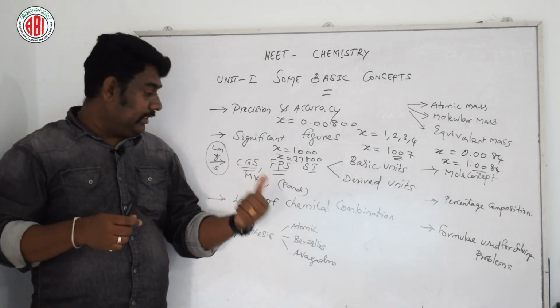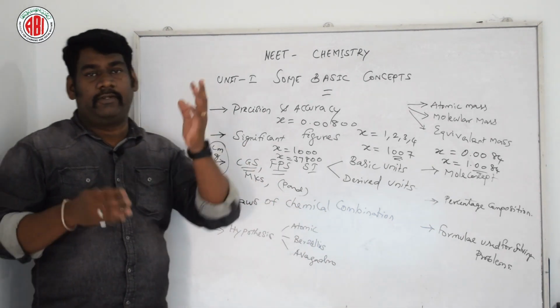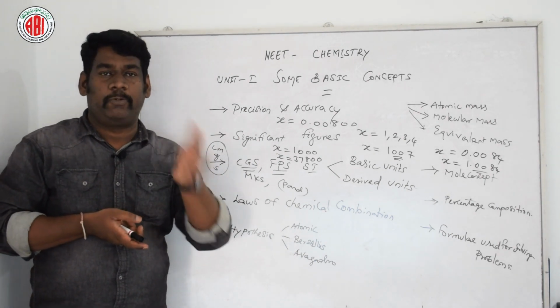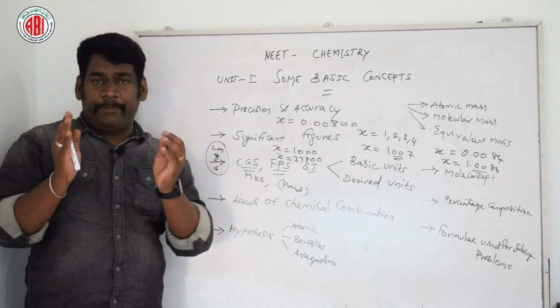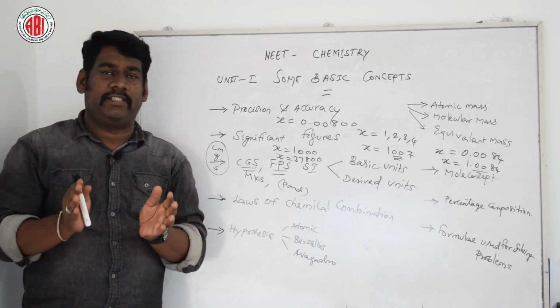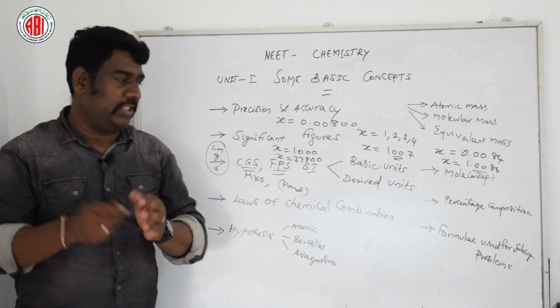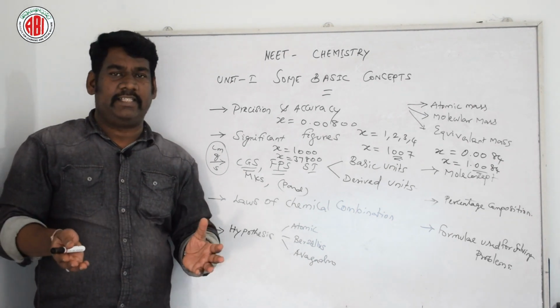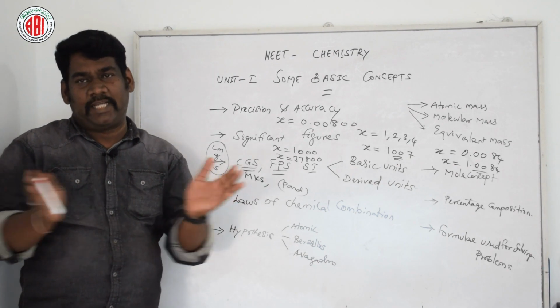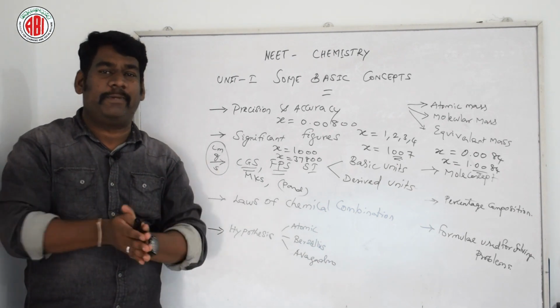The next law of chemical combination is the law of constant or definite proportion, and this was proposed by Proust. According to this law, any pure chemical compound always contains the same elements combining together in a fixed ratio. For example, carbon dioxide. In that, carbon and oxygen, two different elements, combine to form the product carbon dioxide.